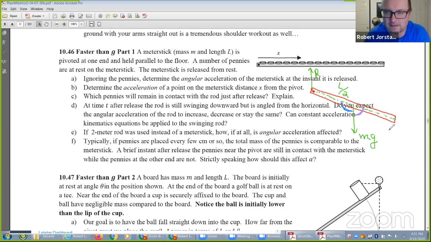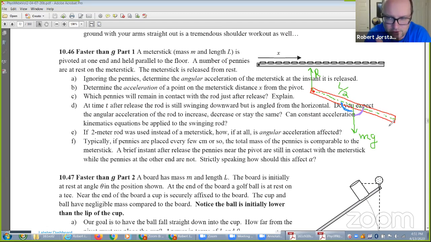Hopefully you've had a second to think. Let's say a tiny bit later, it's rotated what looks like about 20, maybe 30 degrees. There's probably about 20. So imagine this rod has rotated 20 degrees. The force on it has not changed. mg is still exactly the same. The distance between the pivot point and the point where that force is applied, the center of mass, has not changed. So we know that the r vector hasn't changed, and we know that mg hasn't changed.